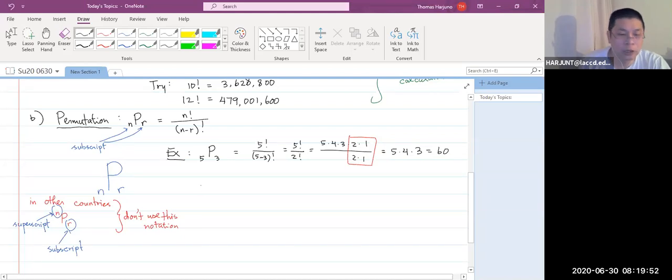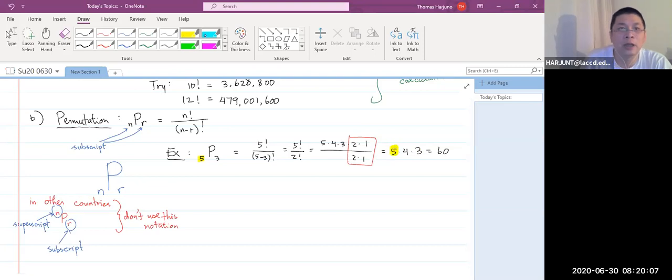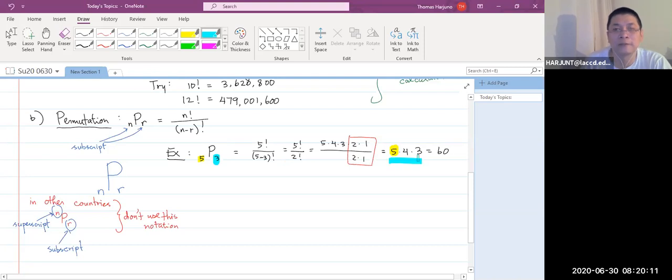Now, of course, if the number is small, I can teach you how to see the shortcut. For example, here we have 5 permutes 3, which means we start from 5, and the 3 here represents the number of factors. 3 factors going down.